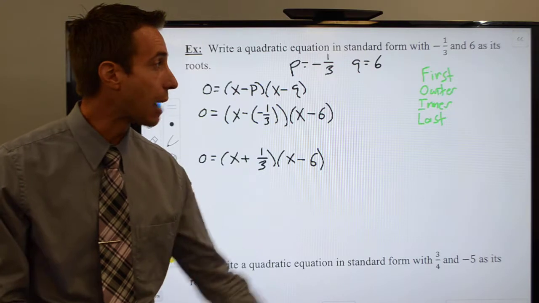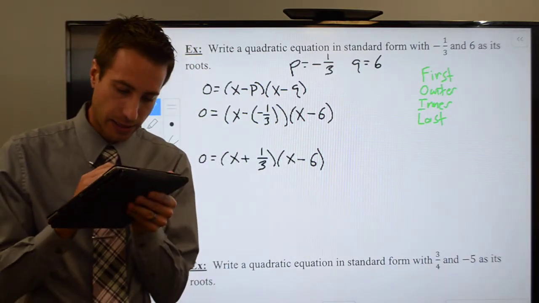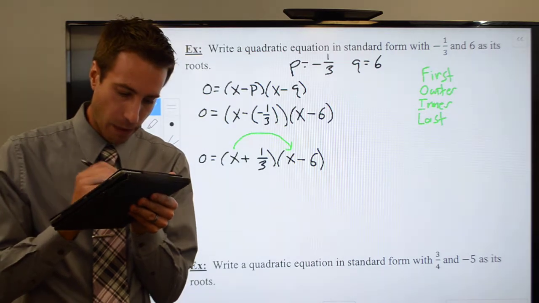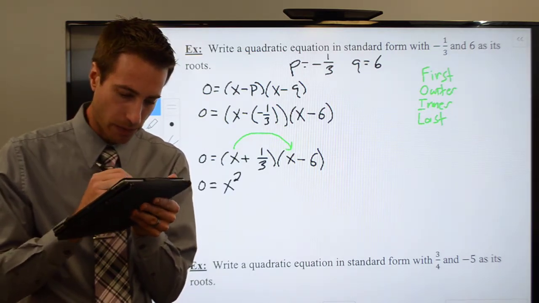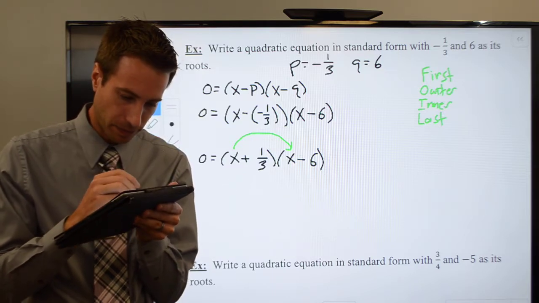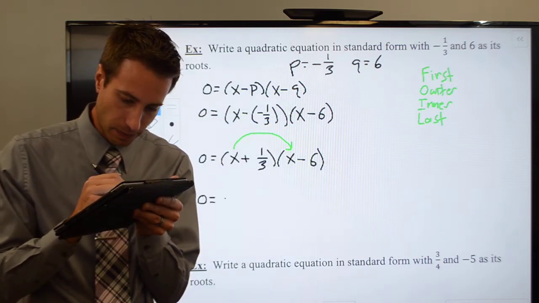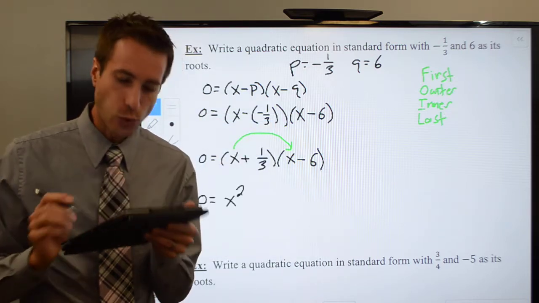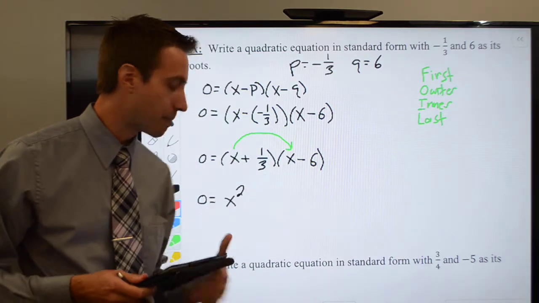So when I FOIL, I will do the first terms. That would be an x times an x, and what I would wind up with is an x squared. Oh, sorry, let me leave myself a little bit more space than that. The next one is going to be outer, so that is going to be the outer terms in the binomials.